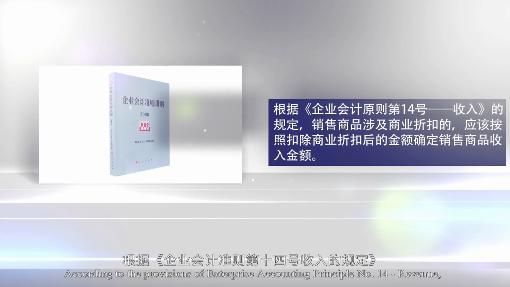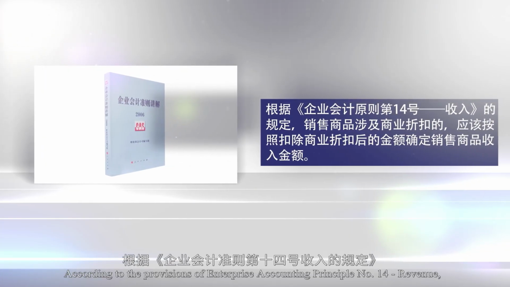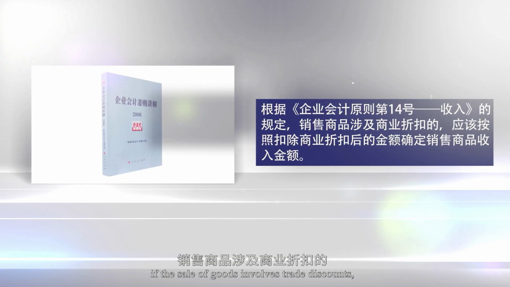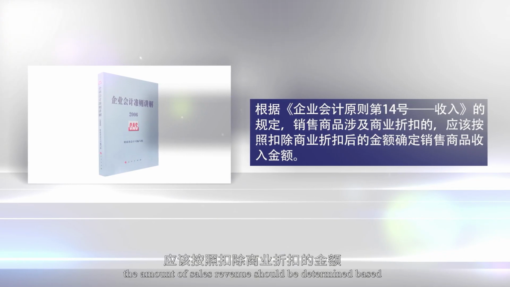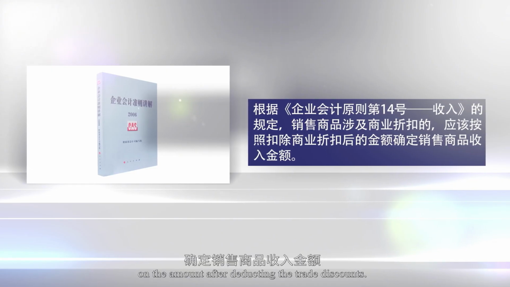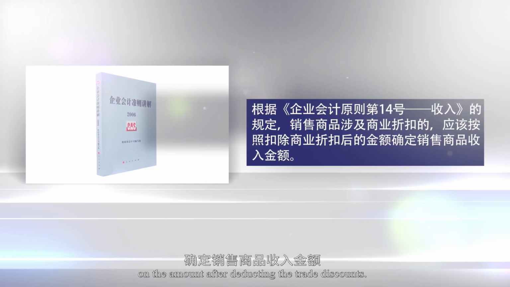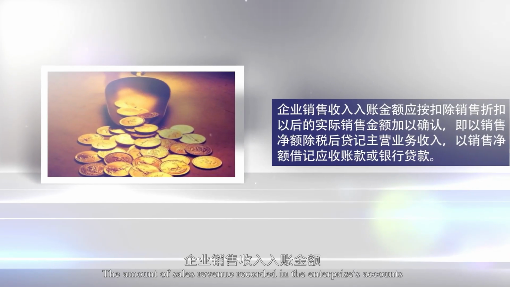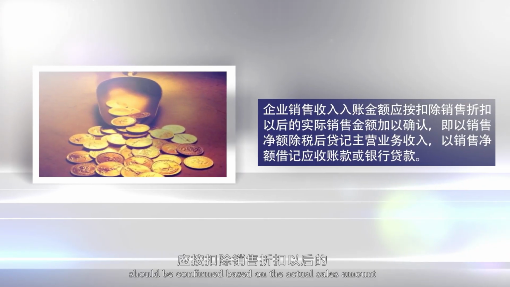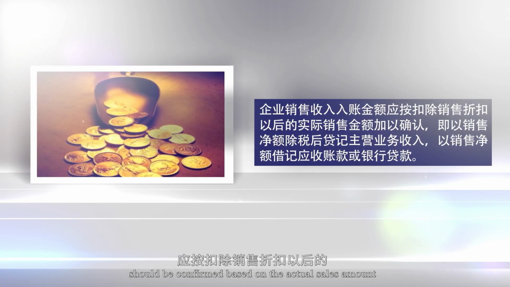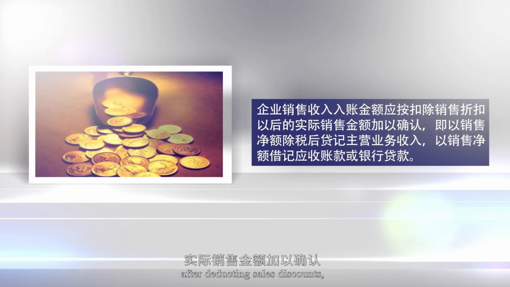According to the provisions of Enterprise Accounting Standard Number 14, Revenue, if the sale of goods involves trade discounts, the amount of sales revenue should be determined based on the amount after deducting the trade discounts. The amount of sales revenue recorded in the enterprise's accounts should be confirmed based on the actual sales amount after deducting sales discounts.